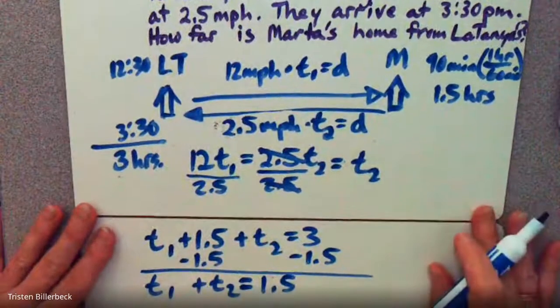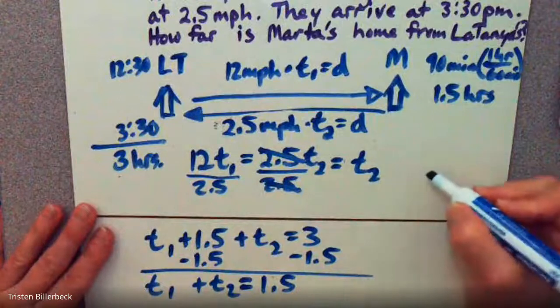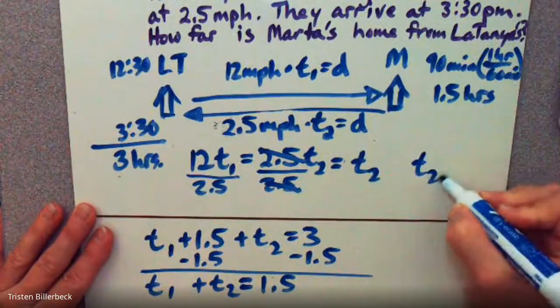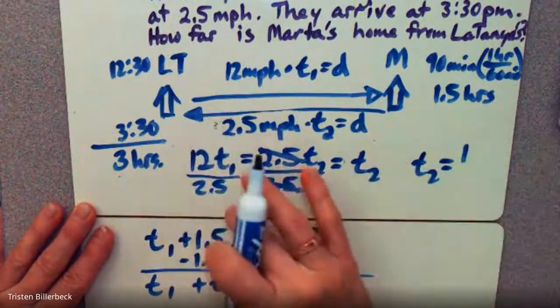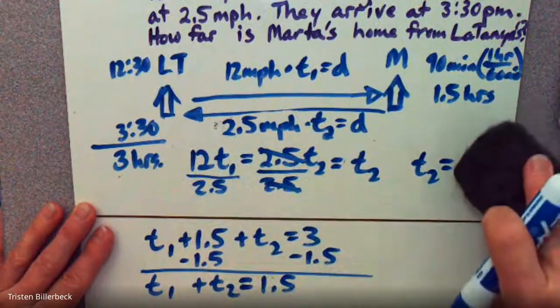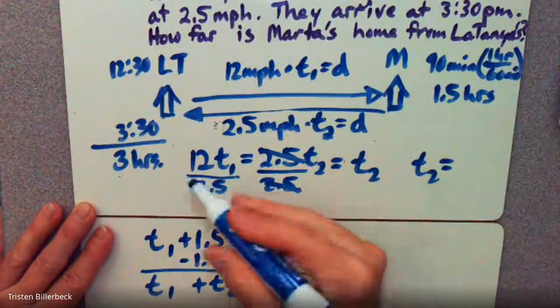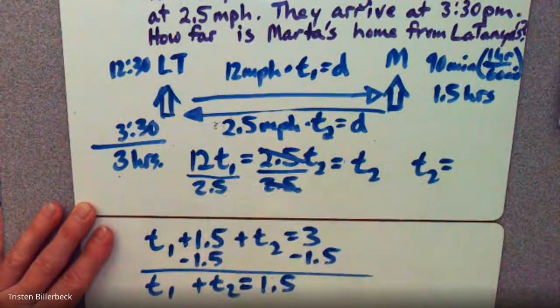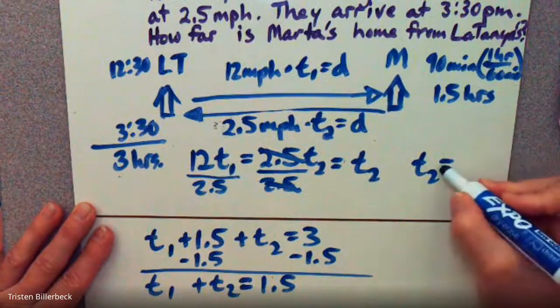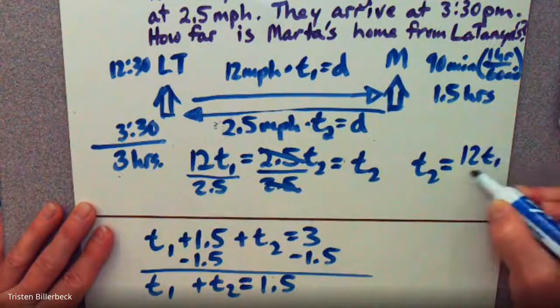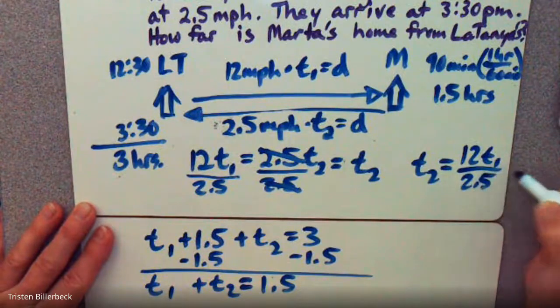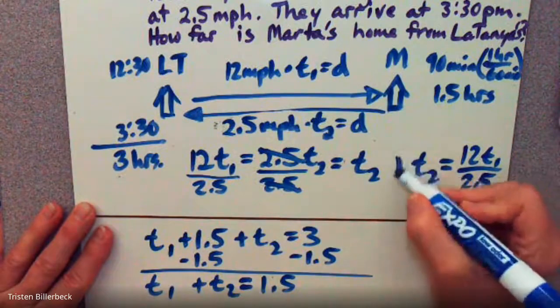Okay, so we have one equation here, T2 equals 12 divided by 2.5 into 12 T1. So we have 12 T1 over 2.5. And so that's one equation.